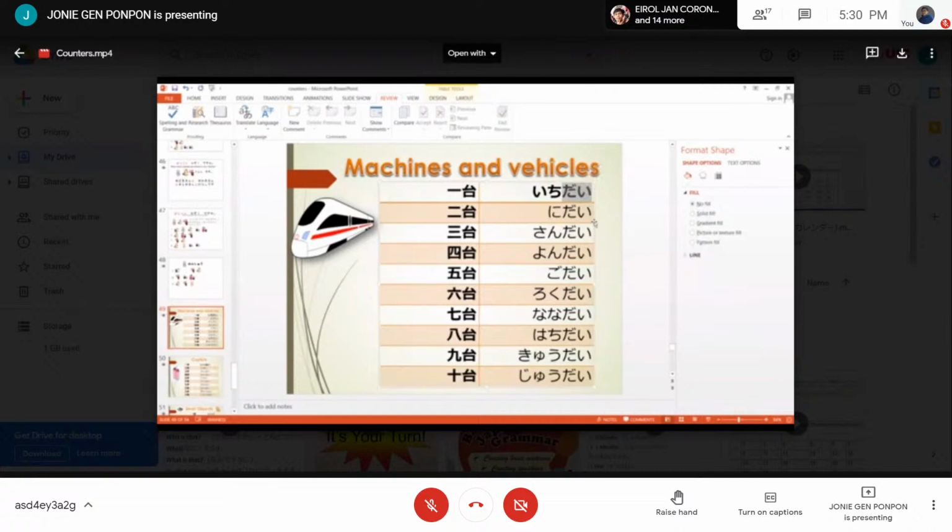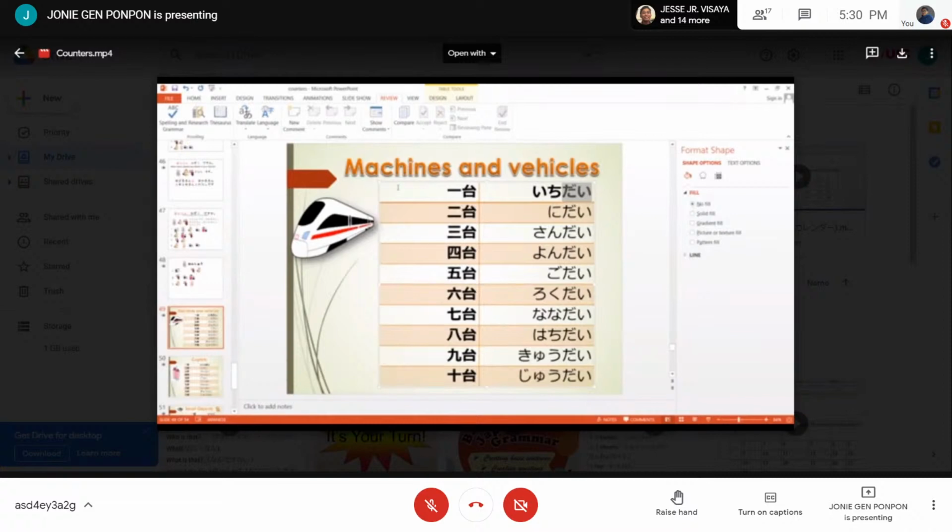So for one object or one laptop, let's say one car. The question for that is nandai desu ka? Nandai desu ka is the question.